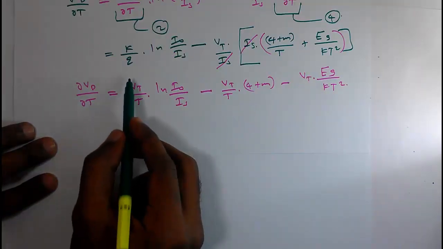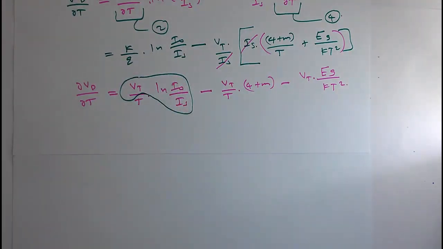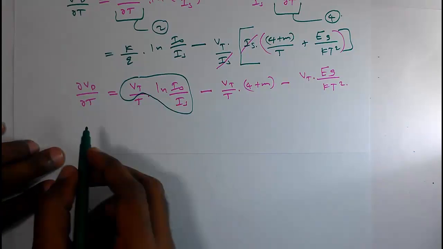In this equation, this term is very familiar to us. That is Vt ln(I0/Is), which is the expression for the voltage across the diode. So I can replace that.